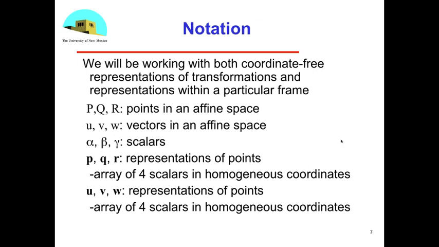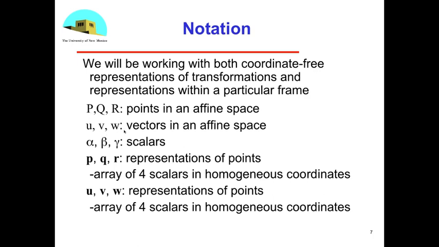Now, just a little about notation. At this point, we're going to be working primarily with representations, but at times I want to be a little more general. So when we're talking about the abstract geometric entity without any representation, I'll use uppercase letters but not bold.